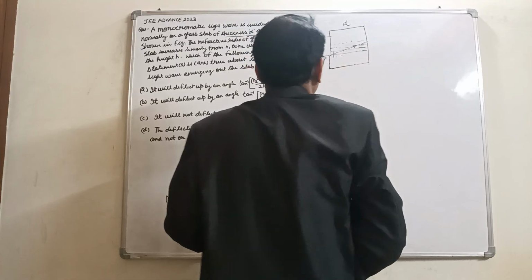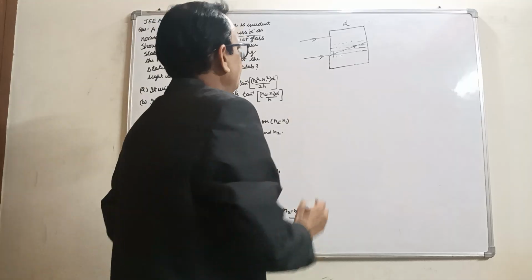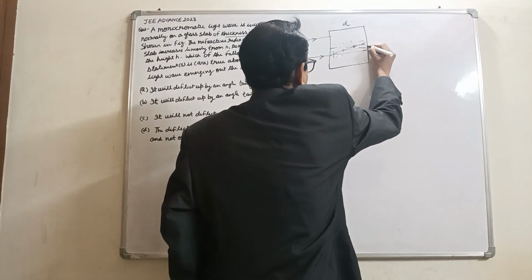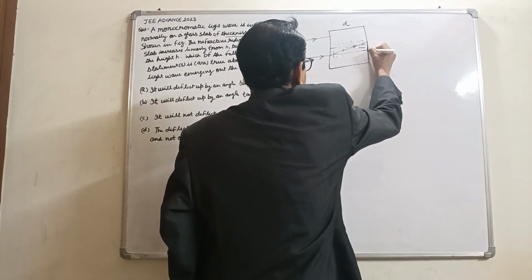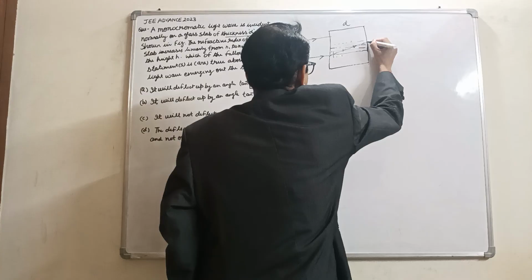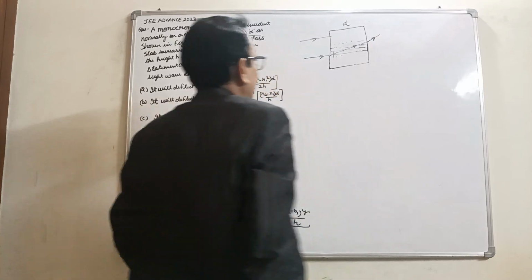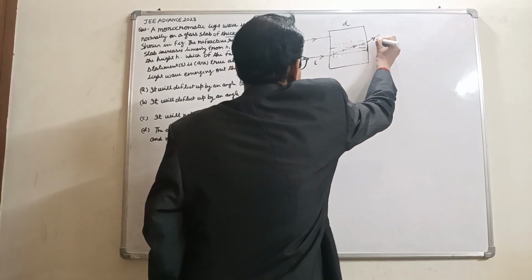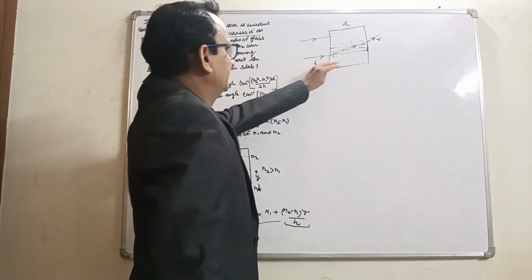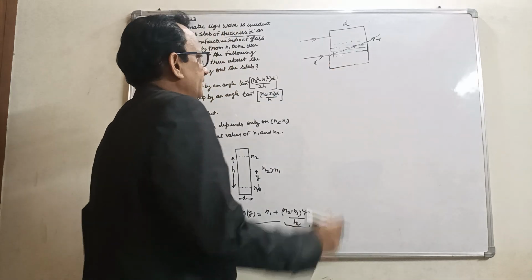This is the direction of the ray inside the slab. We observe a lateral shifting of the emergent ray. This is the incident ray, and this is the emergent ray.